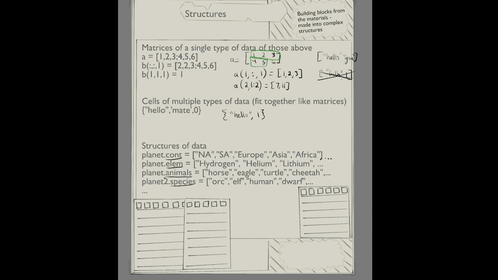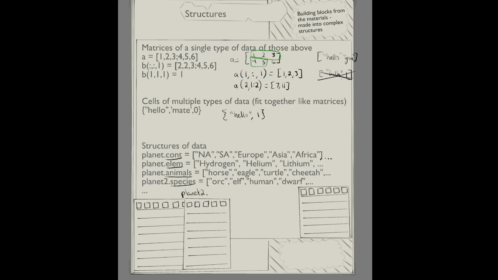Then species. This is another structure. So planet2 would be its own structure. Planet2.species, and this would be a new set of species on whatever this other planet we're talking about is. I just happen to want all matrices of strings in here. You could put other data. You can put a cell inside .cont. You can do whatever. And you can refer to these just like variables.